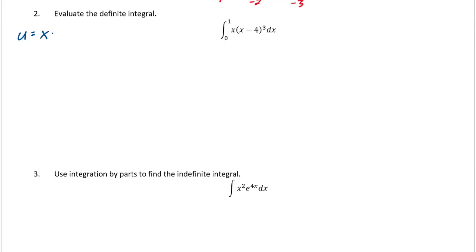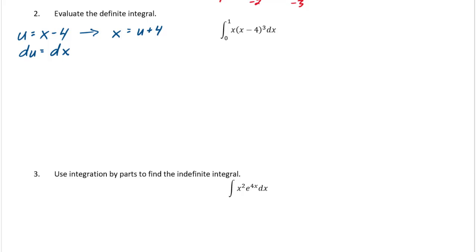because I'm switching my variable. So for this one, if I said that u is equal to x minus 4, I could also then say that x would equal u plus 4 if I just added 4 to both sides. And then we also have that du will replace the dx. Sorry, I misspoke there.